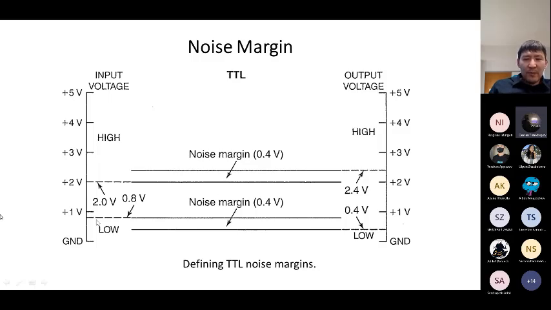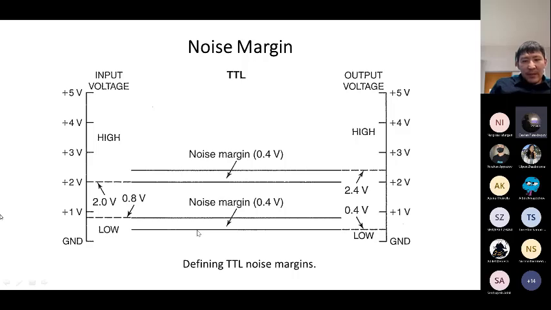Unfortunately I could not show it for you now, but if you recall the voltage profile of the TTL, you know the threshold for the low and the threshold for the high. And here, for example, if a typical signal that we apply is in this region, in this case our noise margin will be 0.4.